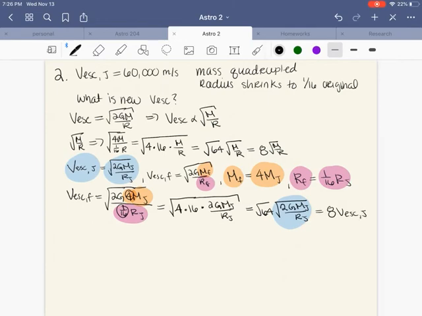If I do this the quicker way with the shortened version, escape velocity for Jupiter is proportional to root mass of Jupiter over radius of Jupiter.